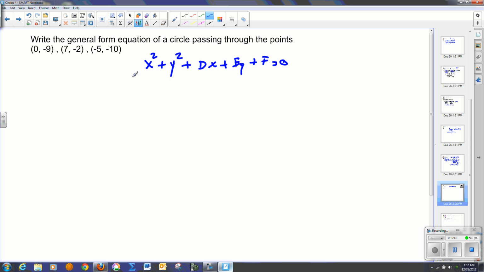The only thing I have here are these 3 points. Well, points come in the form of x and y's. So I've got 1 xy, 2 xy, and a third xy. Well, if I have 3 x and y values, that means I can plug x and y into this general equation and get an equation with 3 unknowns.